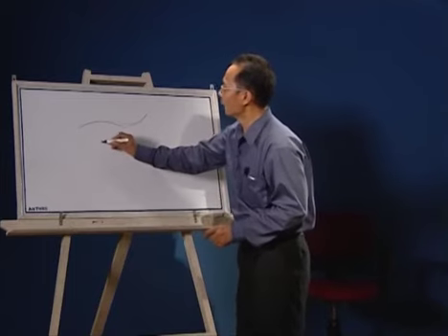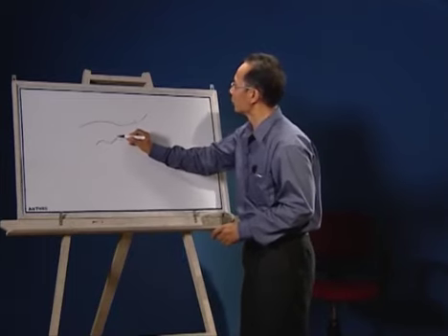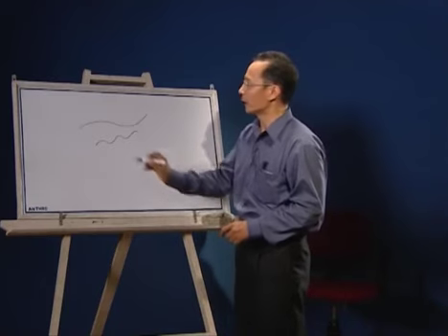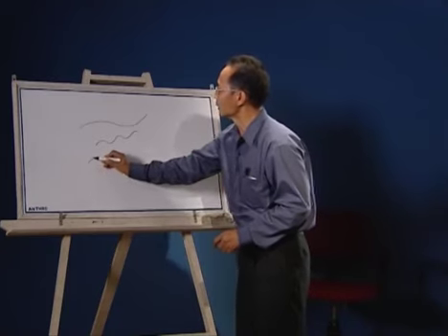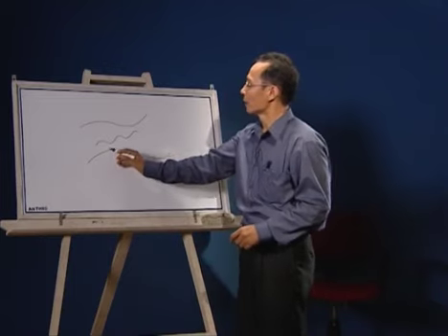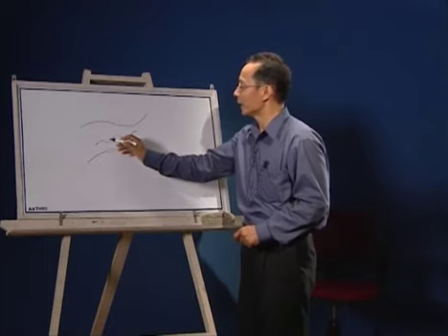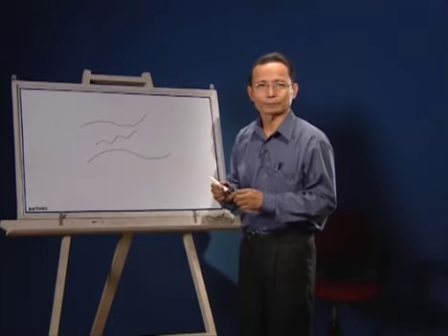That means if the radius of curvature is small, then it goes like this. If the radius of curvature is large, it goes like this. So here we say flat wavy or broad wavy, here narrow wavy, like this.